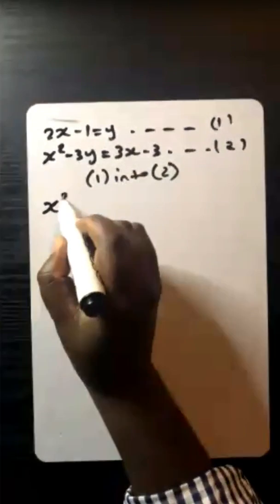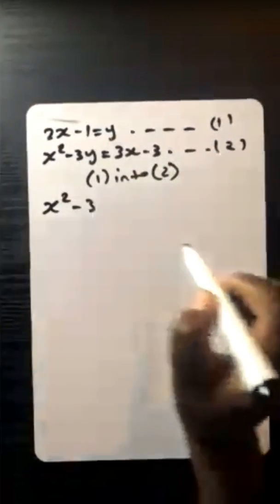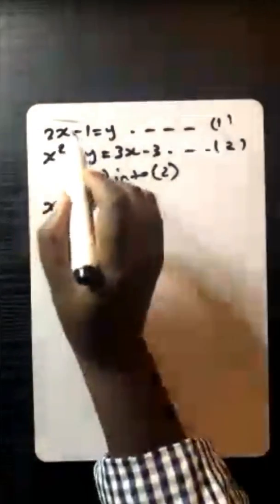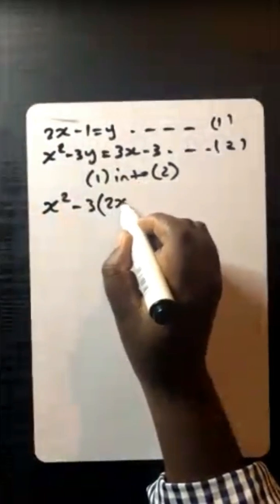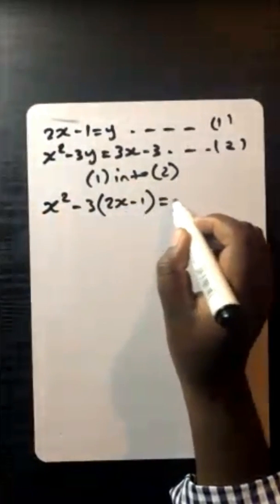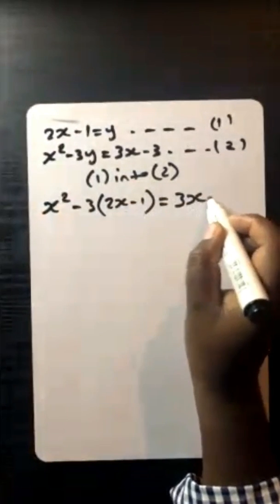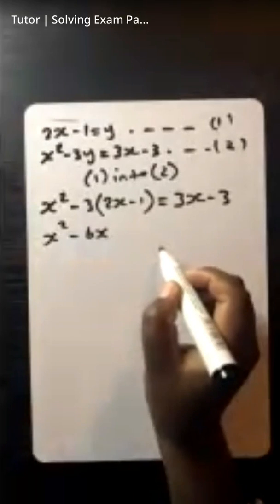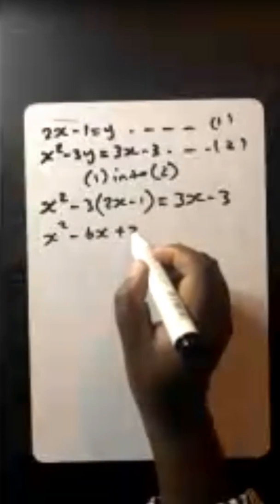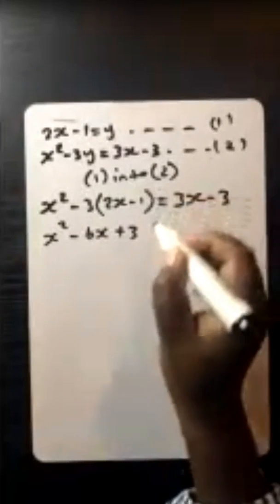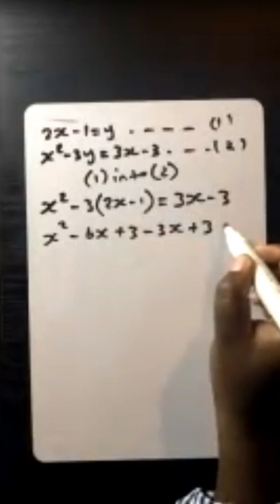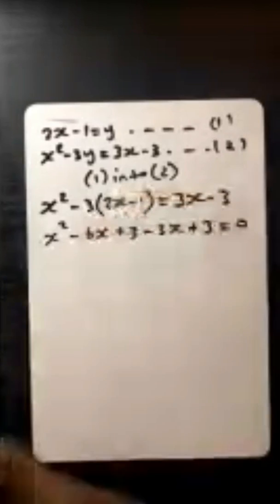So that means you've got x squared minus 3. Wherever you see a y, you substitute the whole of that. So you've got 2x minus 1. It's equal to 3x minus 3. So obviously, you need to target that part of the bracket. So it's negative 6x plus 3. You can at the same time transpose. You've got minus 3. You've got positive 3 is equal to 0. Why did I have to transpose?